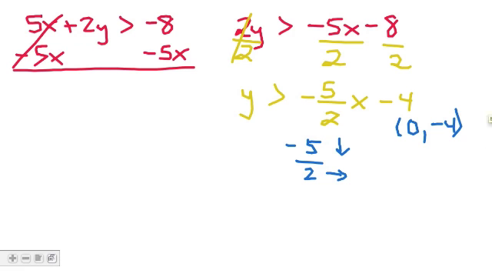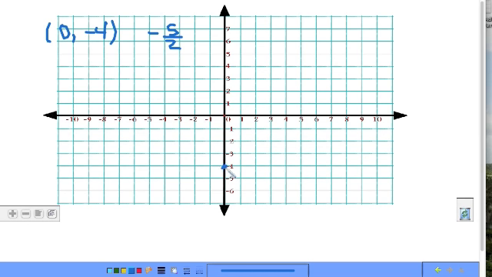So let's go ahead and graph that. Negative 4 here. We're going to go down 5, which you can tell my graph didn't go far enough, but that's okay. So 1, 2, 3, 4, 5 would be about here. We're going to run 2, which is about here. Now, we do know that we have a dashed line because our original problem was just a greater than symbol. It did not have the equal to.